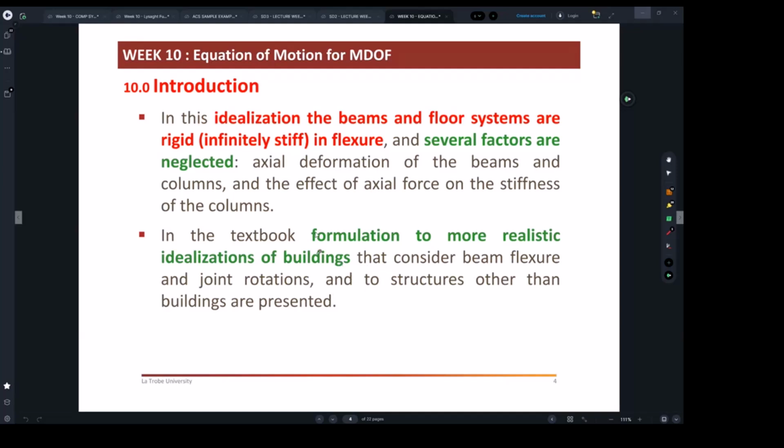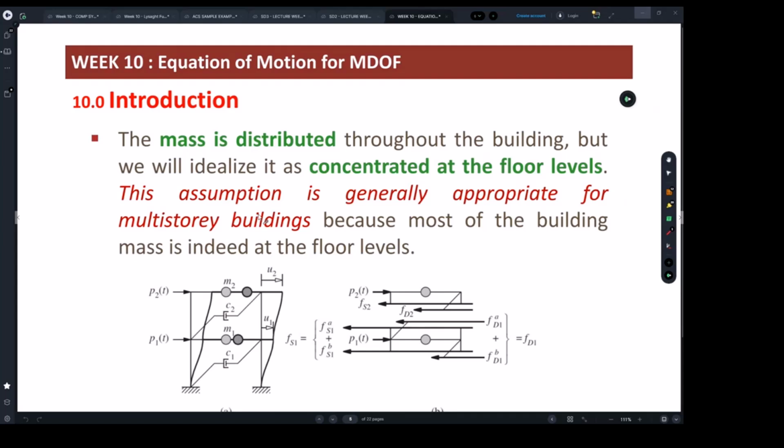Such additions to the theory are explained in the textbook, but it's not something we're going to be worrying about or covering in the subject. So we're just going to neglect such effects. Right, so coming back to our single degree of freedom system, there are some notes here which we already agreed about.